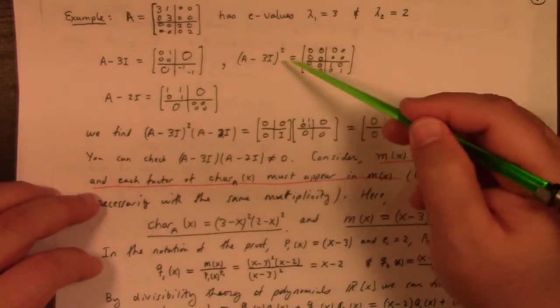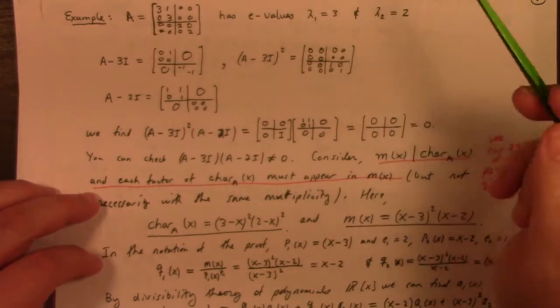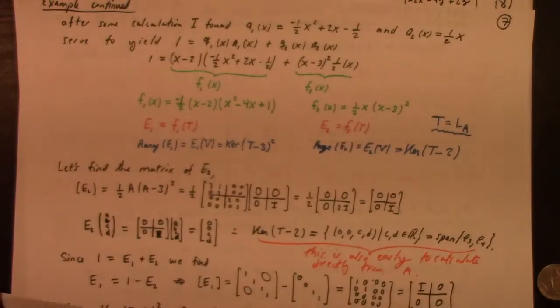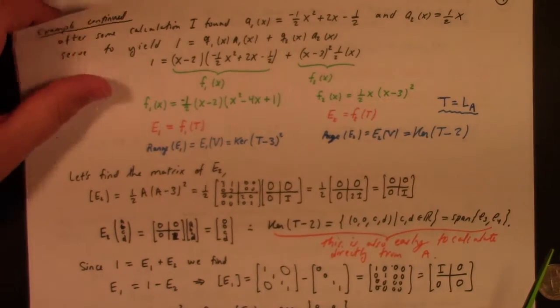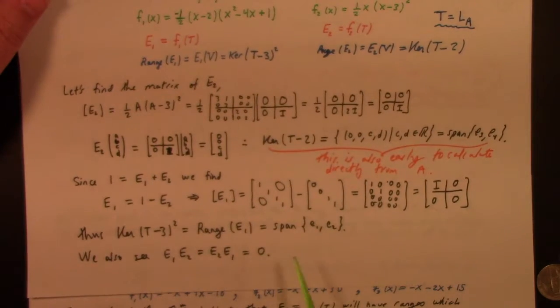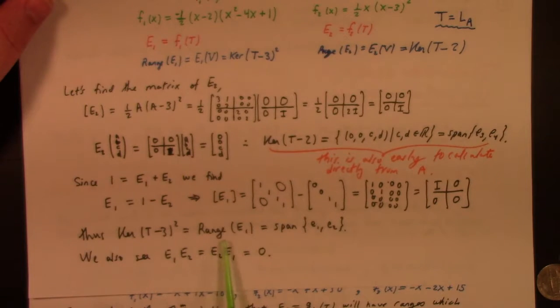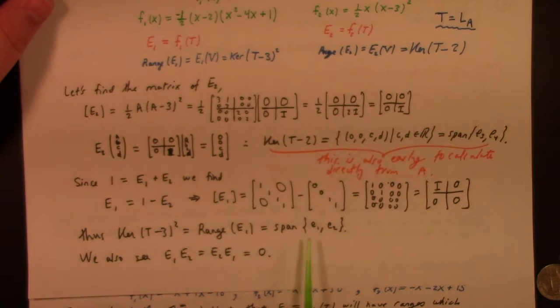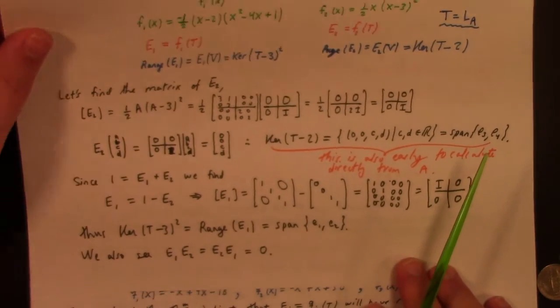So the kernel of this is exactly arbitrary things built from e1 and e2, which is what we came to over here from rather different means, dividing the minimal polynomial by the other thing. So the kernel of t minus 3 squared was the range of e1, which is the span of e1, e2. And you can also check that e1 and e2 are commuting.